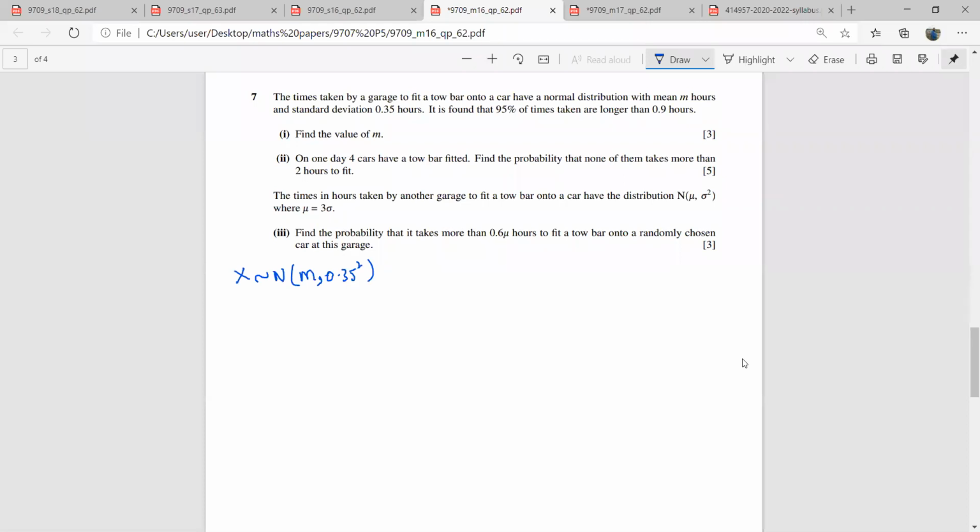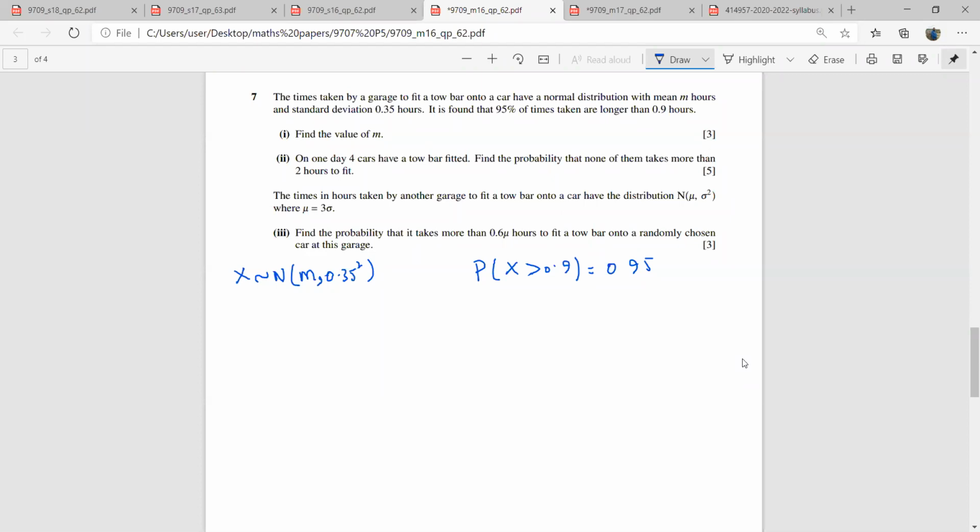It is found that 95% of times taken are longer than 0.9. So the probability that X is more than 0.9 is equal to 0.95. So we have to find the value of m.